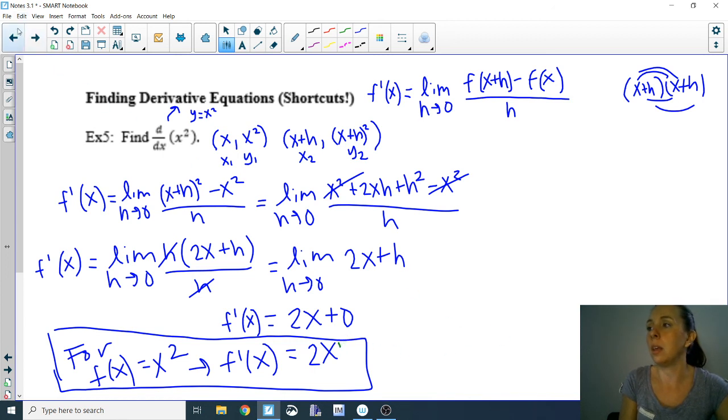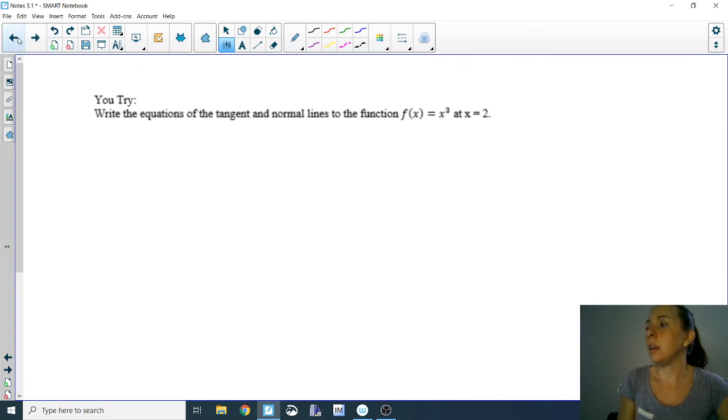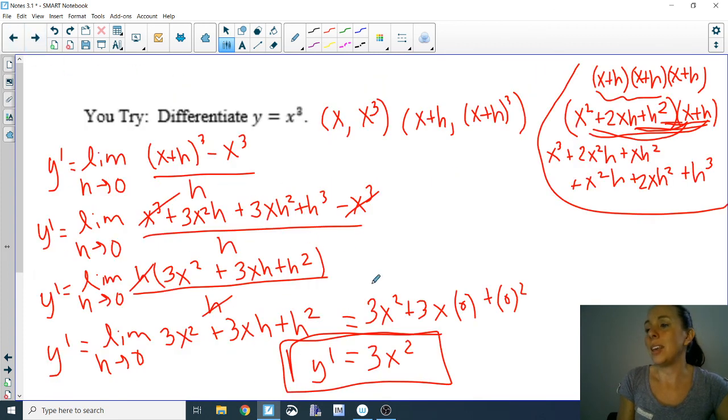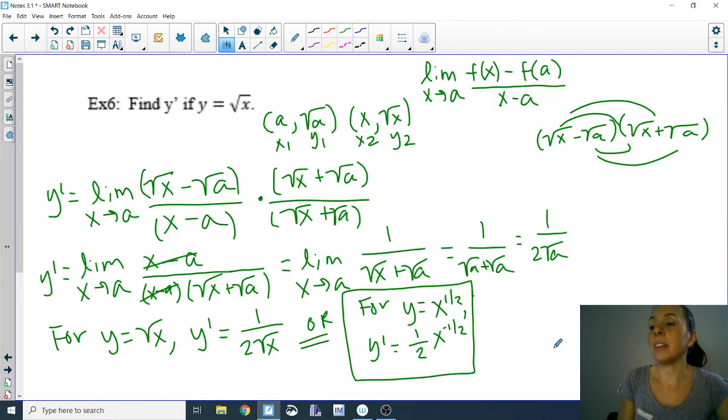When you have x cubed, the derivative is 3x to the second power. And finally here, when you have x to the 1/2, the derivative is 1/2 x to the negative 1/2 power.